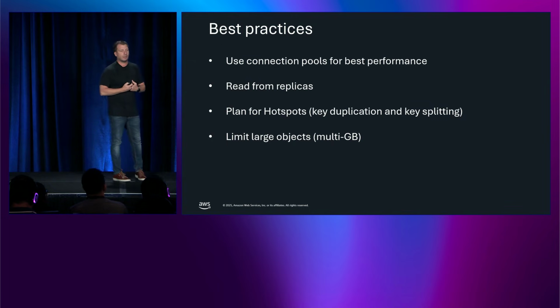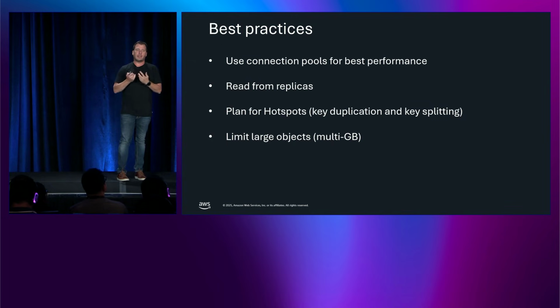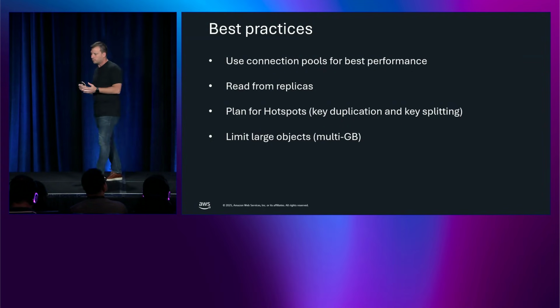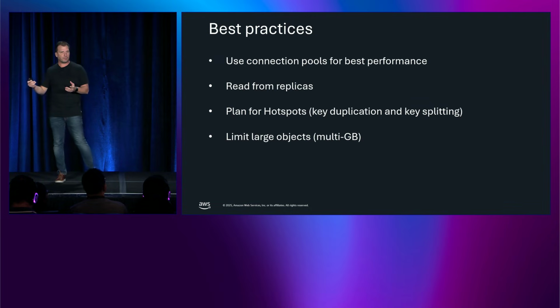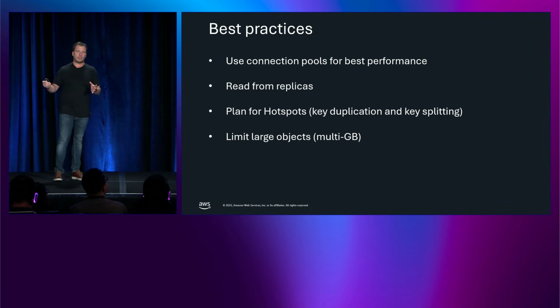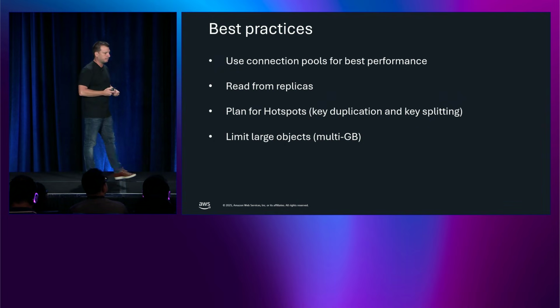And related to that, as a key principle, we say limit the size of your objects. Because if you have a very large object, it will consume processing time and CPU, and the payload itself can also lead to a situation where you exceed the network baseline.